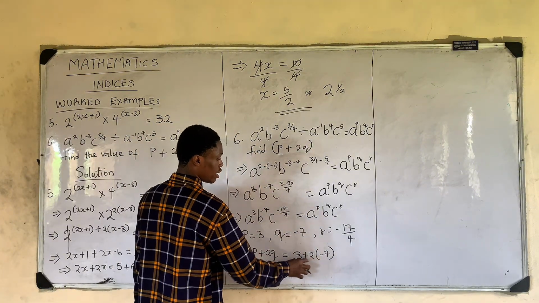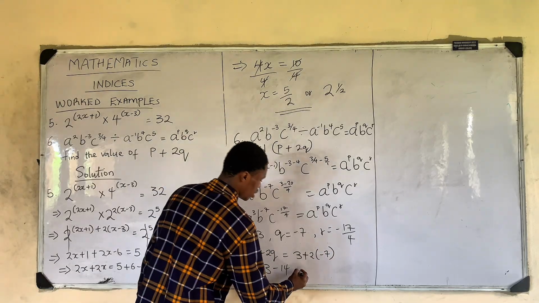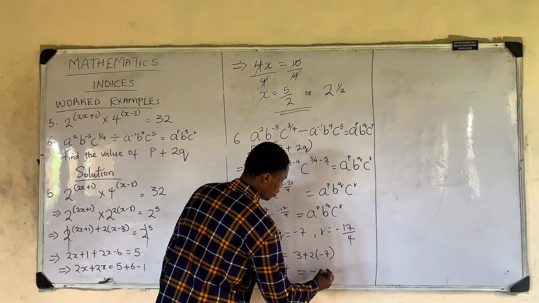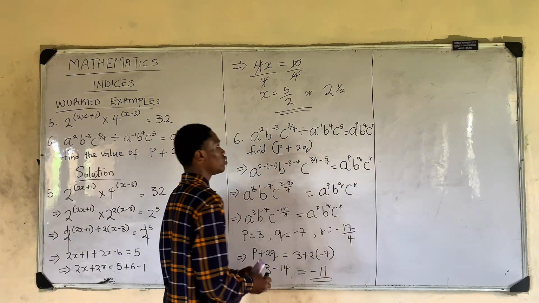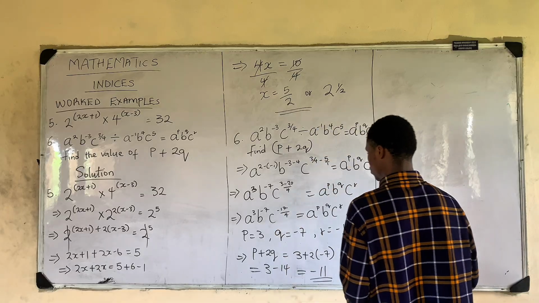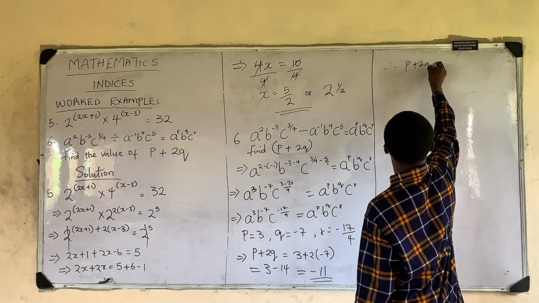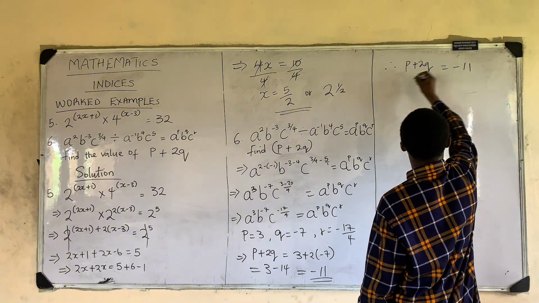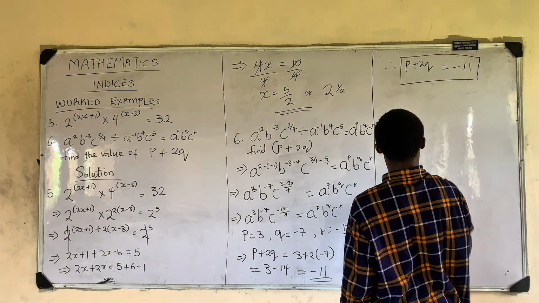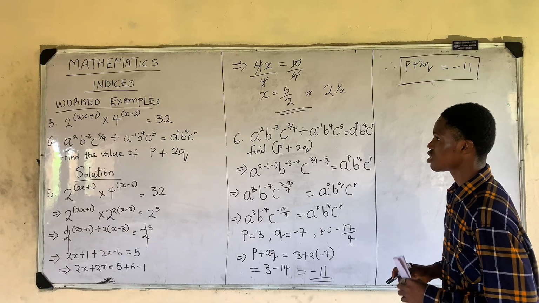If you open the bracket, you have -14. Equal to what? Answer. Therefore, P plus 2Q is the answer for question number 6.